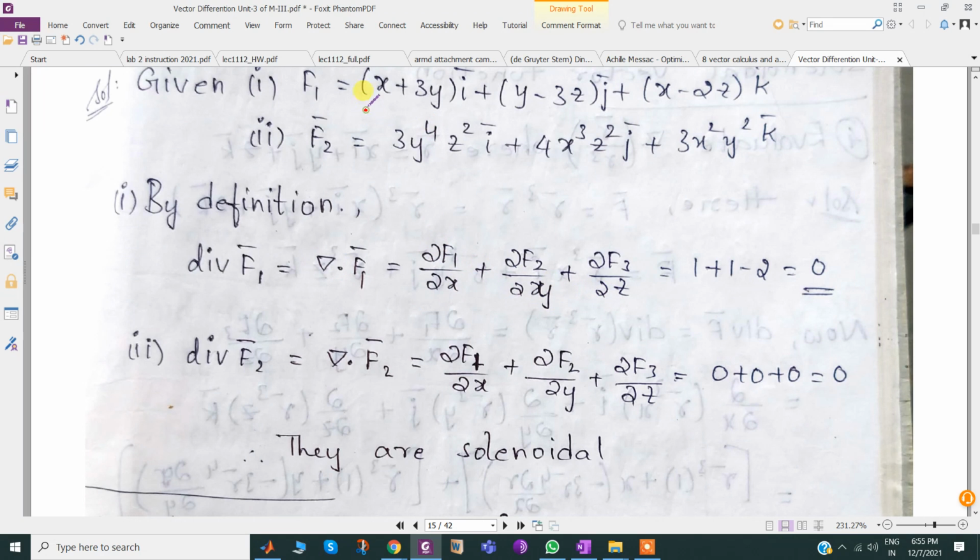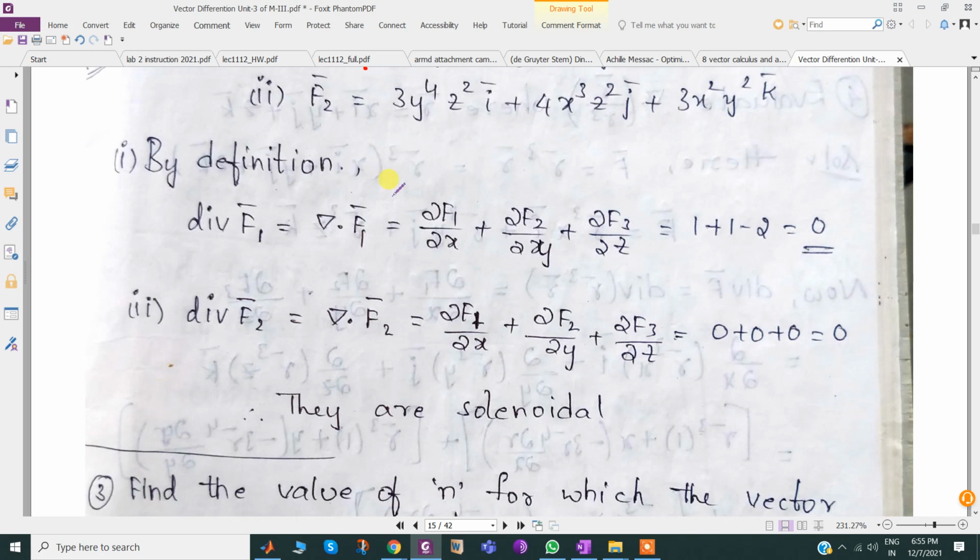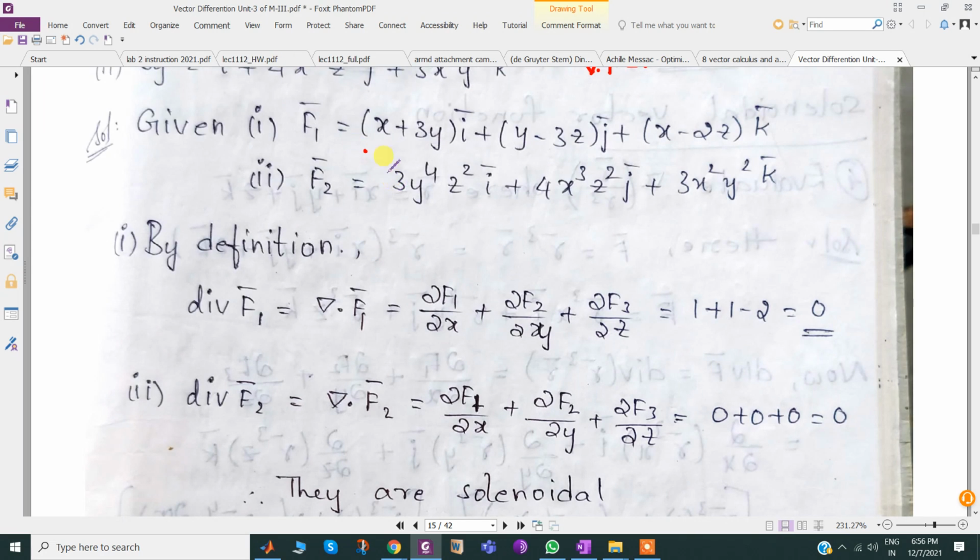For the first vector with respect to x, I may get 1. With respect to y, it is 1. With respect to z, minus 2. 1 plus 1 minus 2, so the sum will be 0. That represents that f bar is solenoidal for this function.